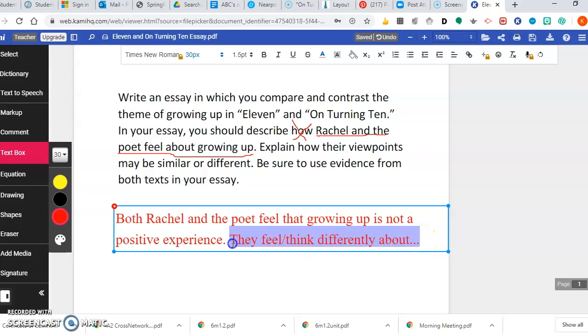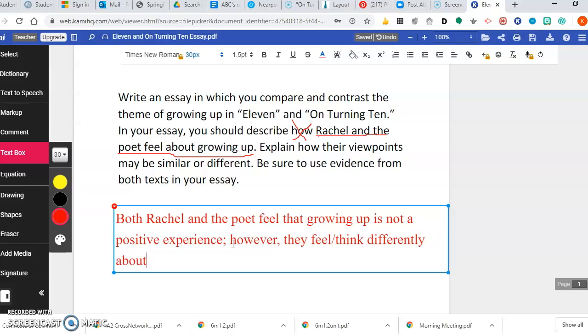You might also say, however, they feel or think differently about blank. Okay, so that's a one sentence claim or thesis statement that gives me the similarity, and now I'm going to be looking for the differences between the two.